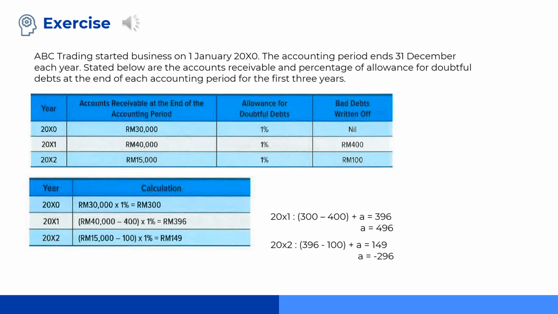We first deduct the bad debt written off from the accounts receivable, and then we times the 1% allowance for doubtful debts percentage. So we get 396. And then for 20X2, as usual, we take the ending balance for accounts receivable, 50,000, minus 100 bad debt written off, times 1%, and we get 149.